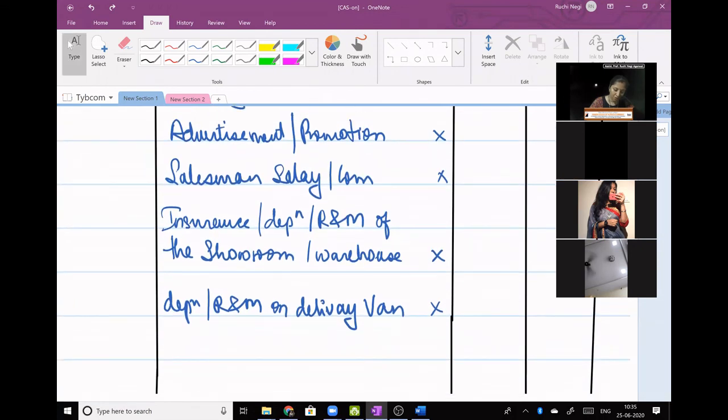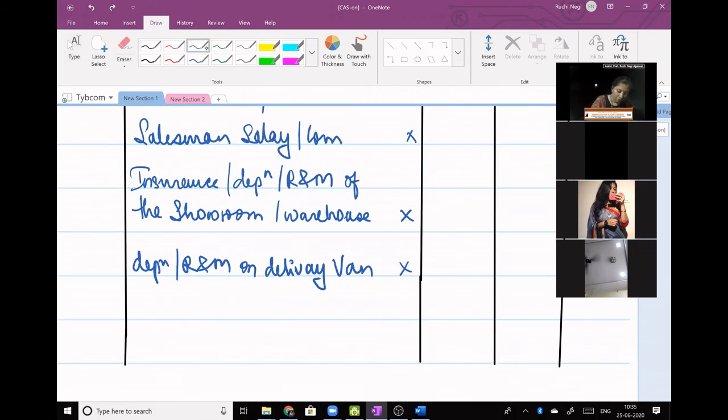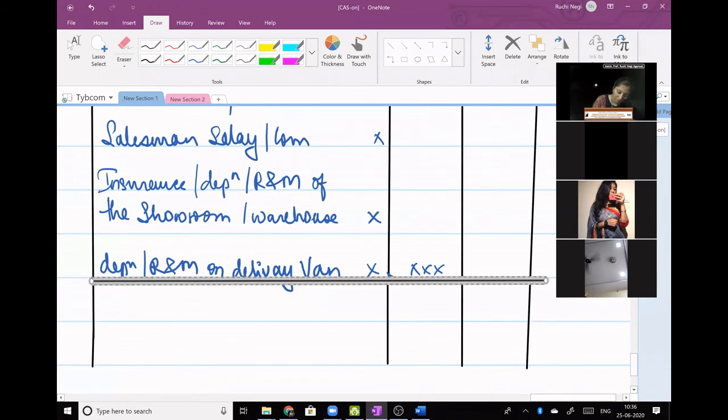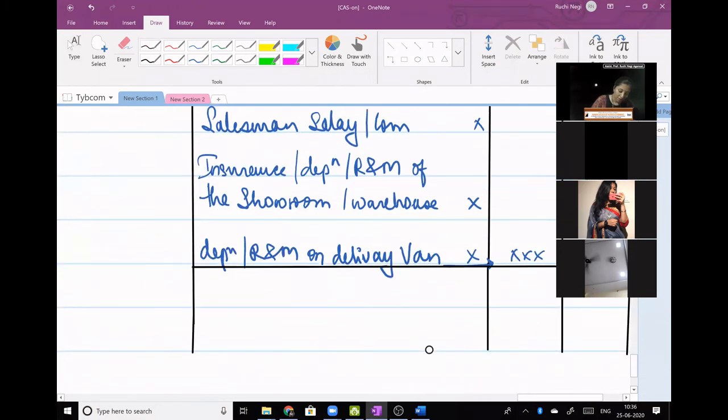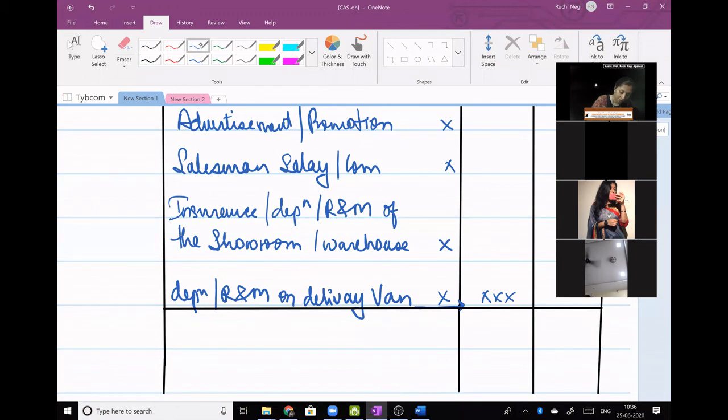So these are the probable things which will come here. Then you will have to take the total outside. This is your selling and distribution overheads. Then you will get your cost of sales.